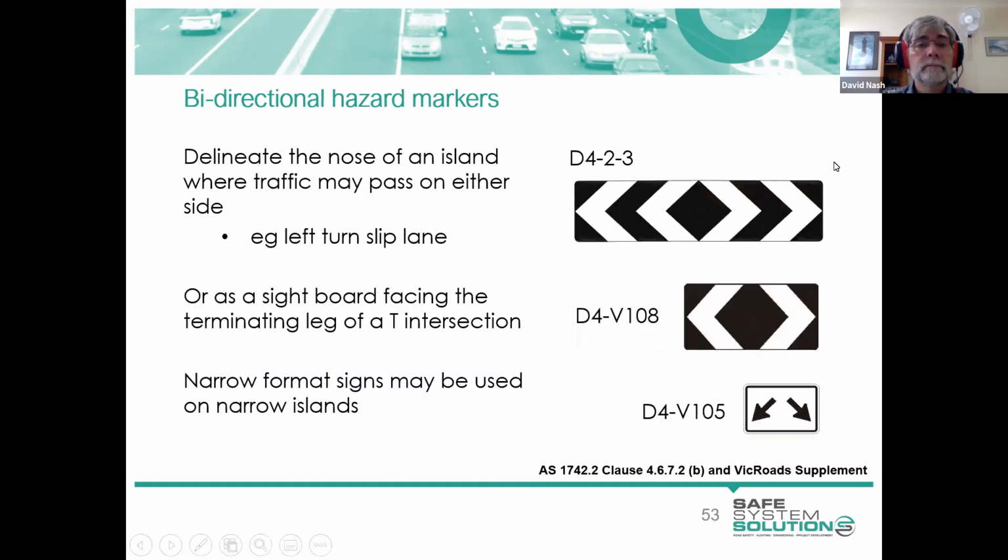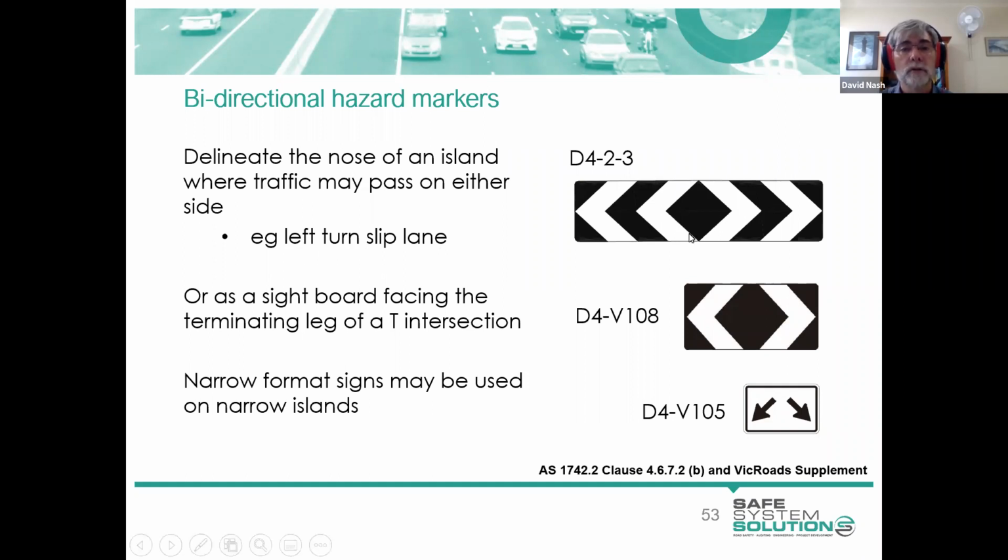Okay. Then there are bidirectional hazard markers, so with the chevrons pointing in both directions. Very clearly, you need to make sure you've got the right version of those. So for instance, left turn slip lanes, because you can go either side of the island. If you're turning left, you go to the left of the island. If you're continuing straight through, you go to the right-hand side of the island.